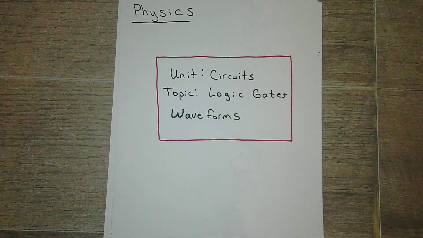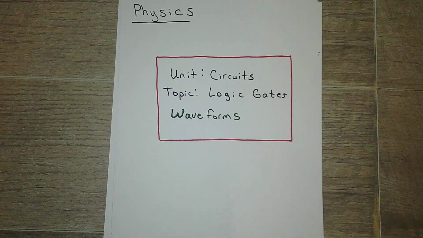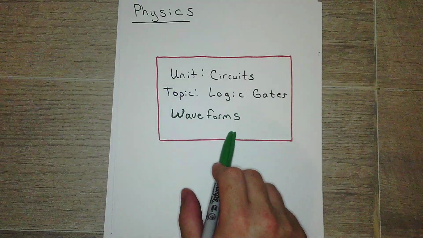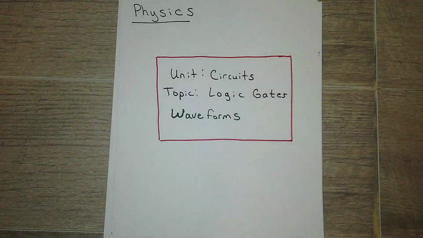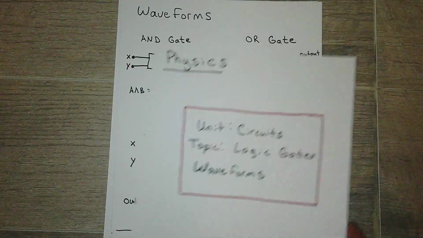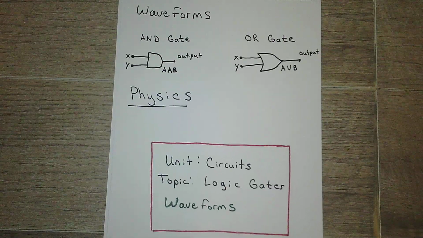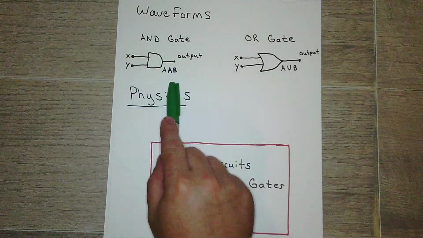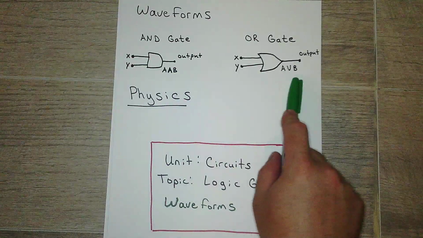When one is on, one is off, and they control what passes through into the output. And so you can look back at the waveform history and see maybe if the system went wrong somewhere. Okay? So remember, the AND gate is A and B, the OR gate is A or B.